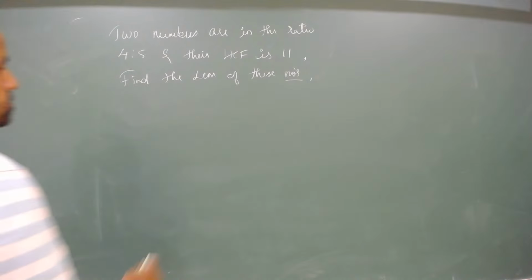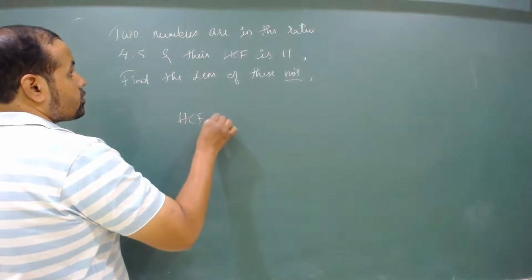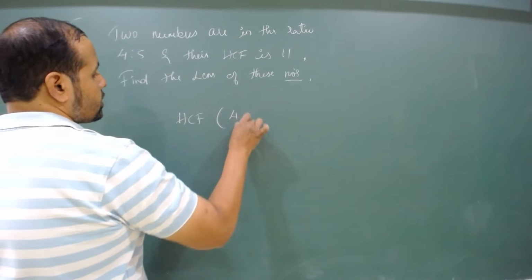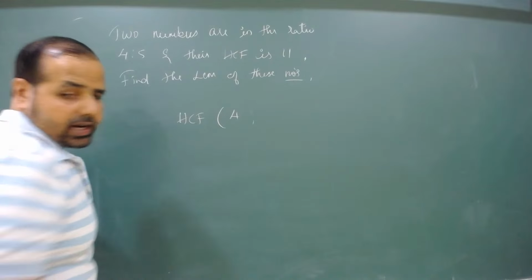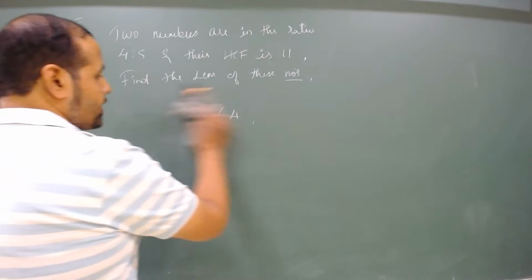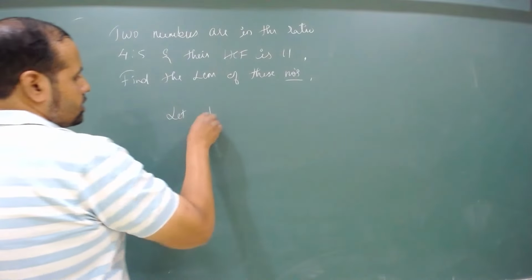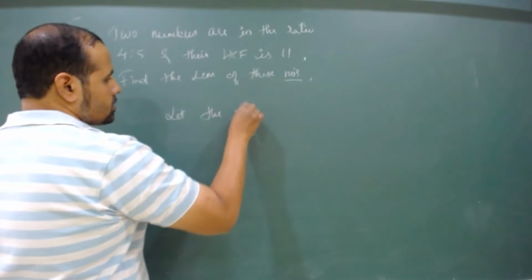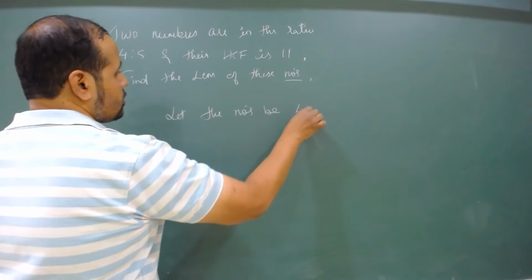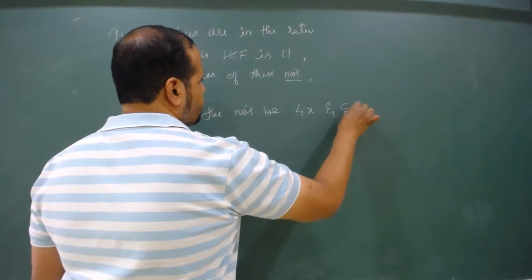Let me write the numbers. You very well know that whenever you have ratios, we write let the numbers be 4x and 5x.